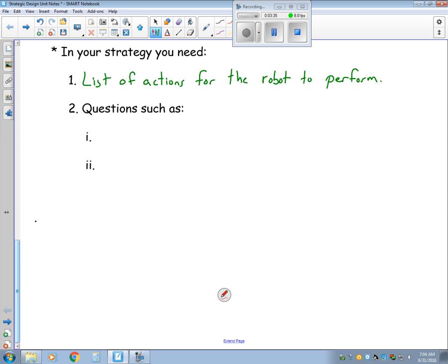Also, you need to include questions, such as, how would we play against a faster robot? How would we play if we're losing by a lot early on?